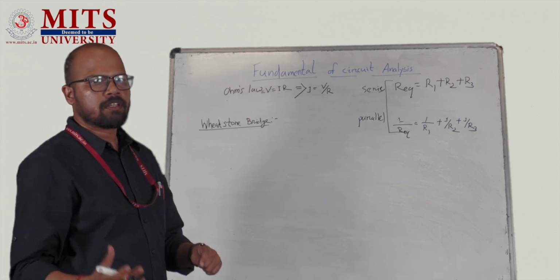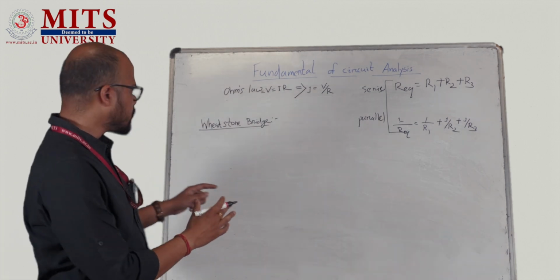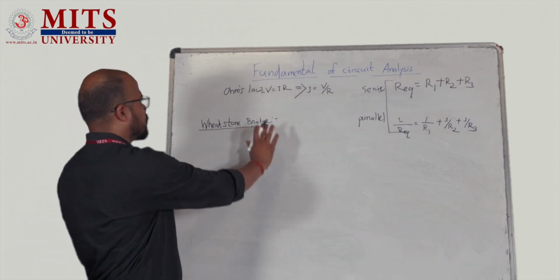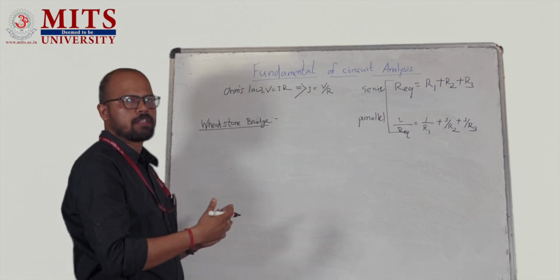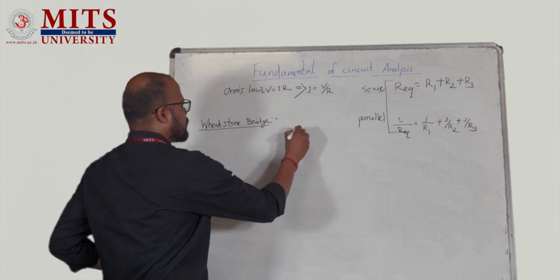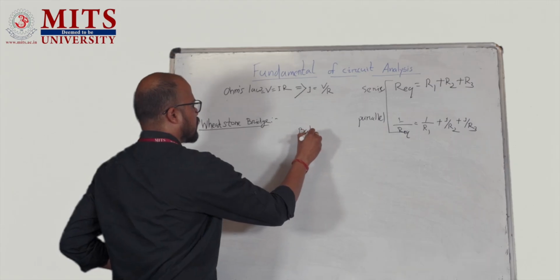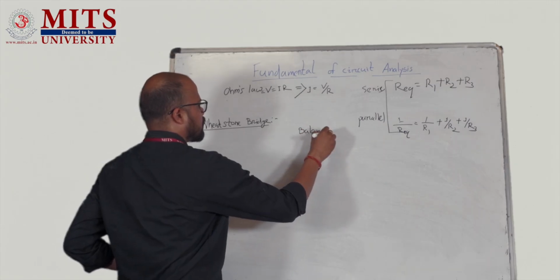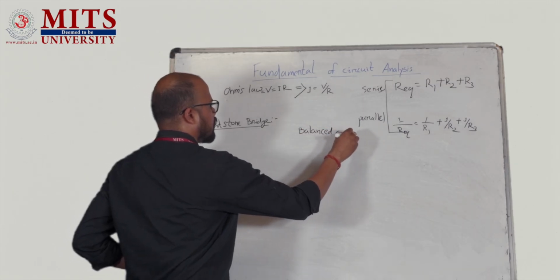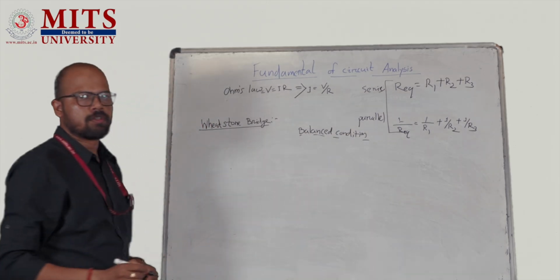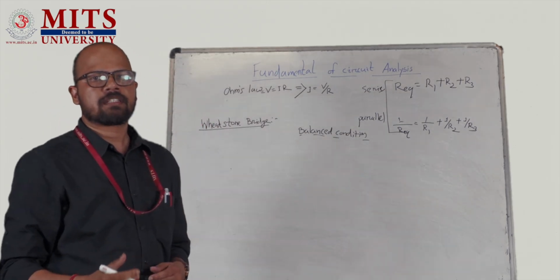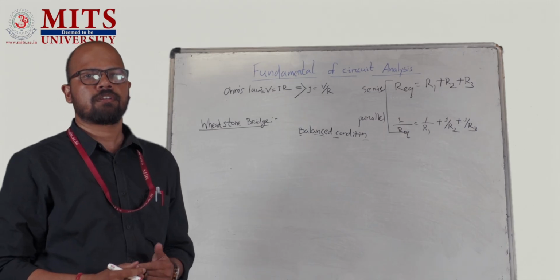We always try to put things in Wheatstone bridge form. So first let us understand what is meant by a Wheatstone bridge, what is meant by the balance condition in a Wheatstone bridge, that is important, and how to solve such circuits which consist of 5, 6 resistors or capacitors.